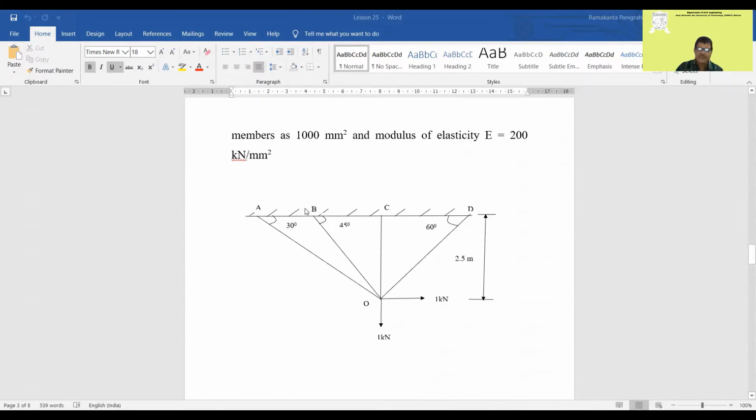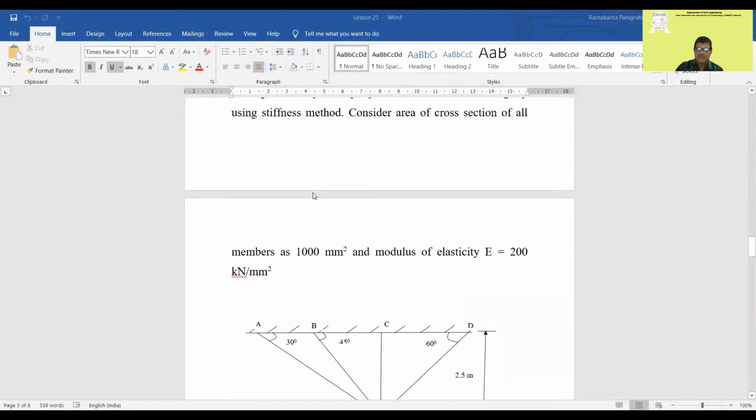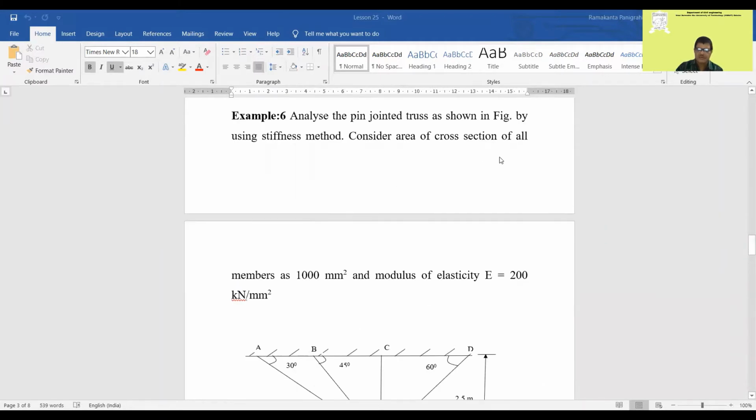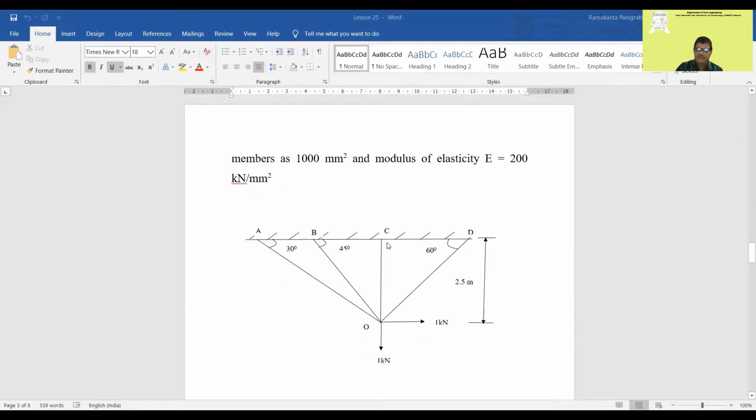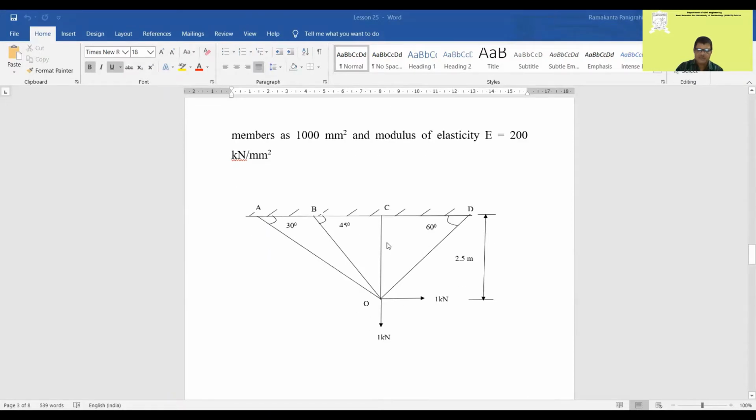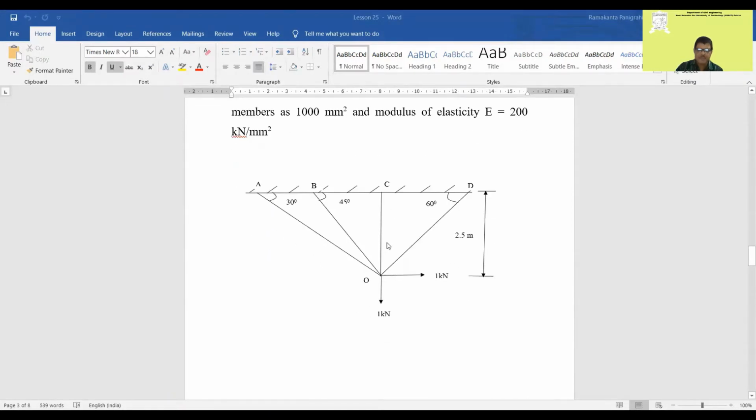A is given, area is equal to 1000, E is equal to 200. So for AE by L you can find the length of the members. So it is 2.5. This is 30 degree.